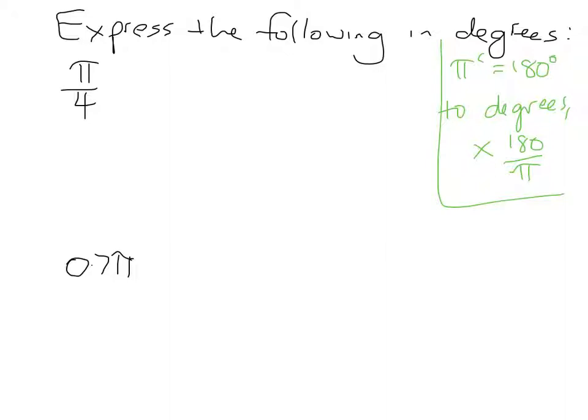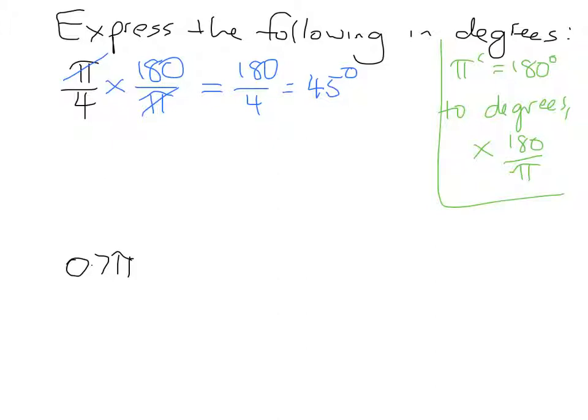So the first one here, we've got to be multiplying it by 180 over pi. And we're going to cancel the pi's down. That will give us 180 over 4. 4 goes into 180, a quarter of 180 is 45. So this one's going to be 45 degrees.